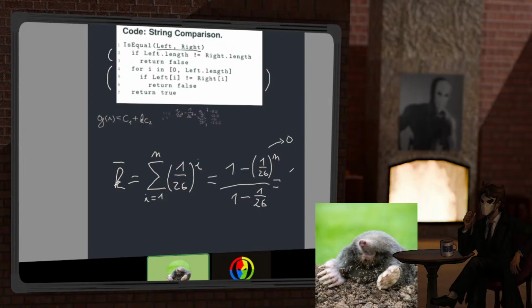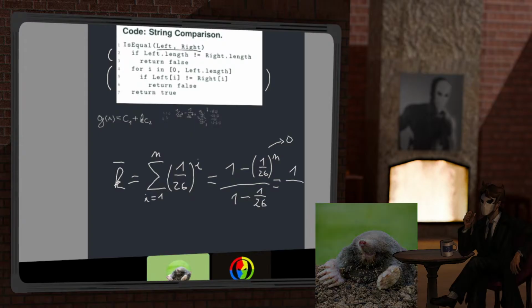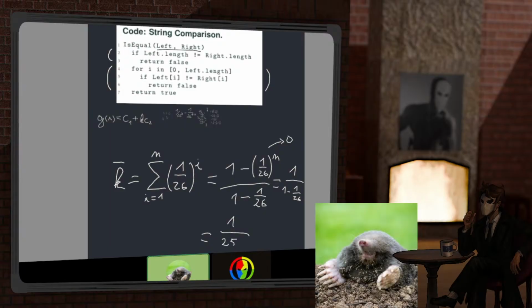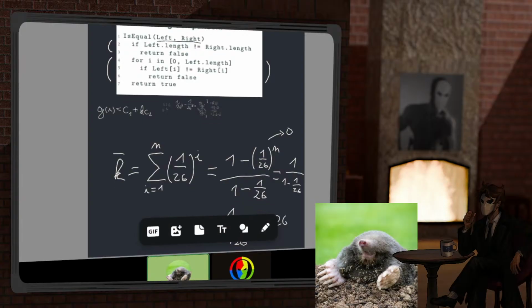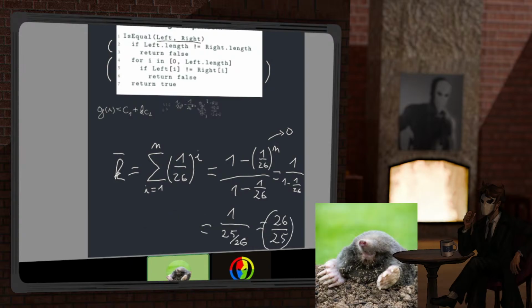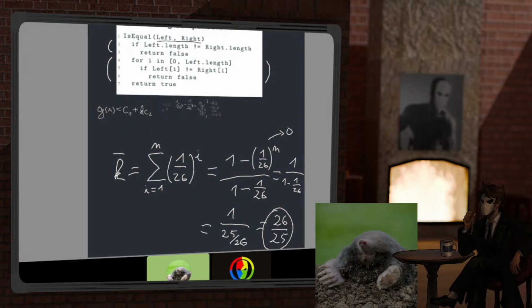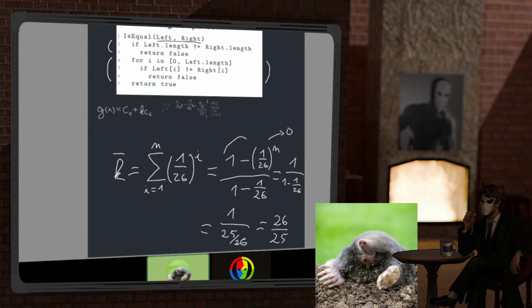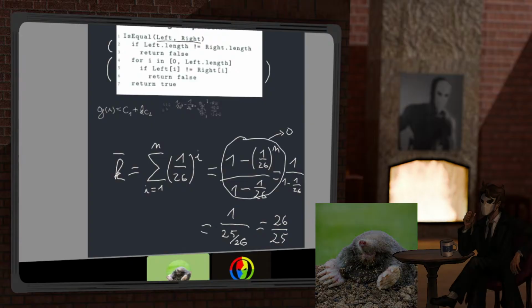And so we end up with 1 over 1 minus 1 over 26. This is 1 over 25 over 26. And this is actually 26 over 25. This is a number, a constant number, towards which this function converges.